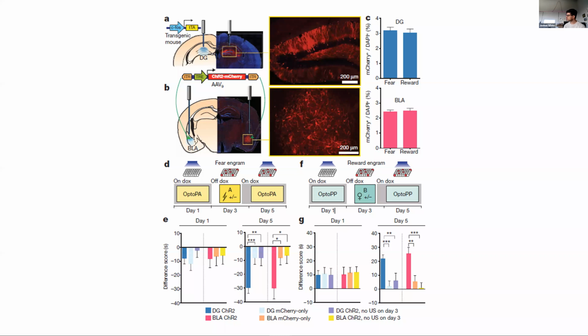Now, while on the one hand, I think that the problem is semantically and philosophically difficult because it's not easy to pose, right? We're just talking about what is an engram.